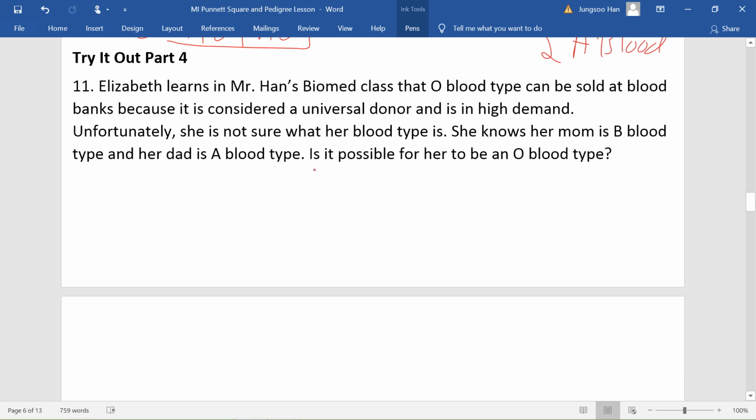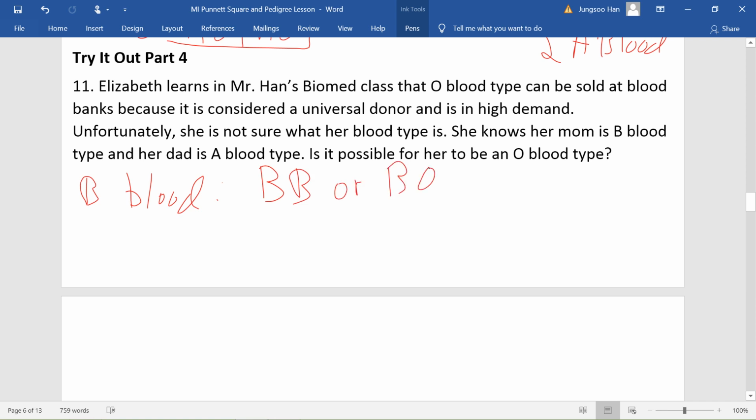Now we're going to solve it right here. If you're B blood, the possible genotypes you can be are BB or BO.